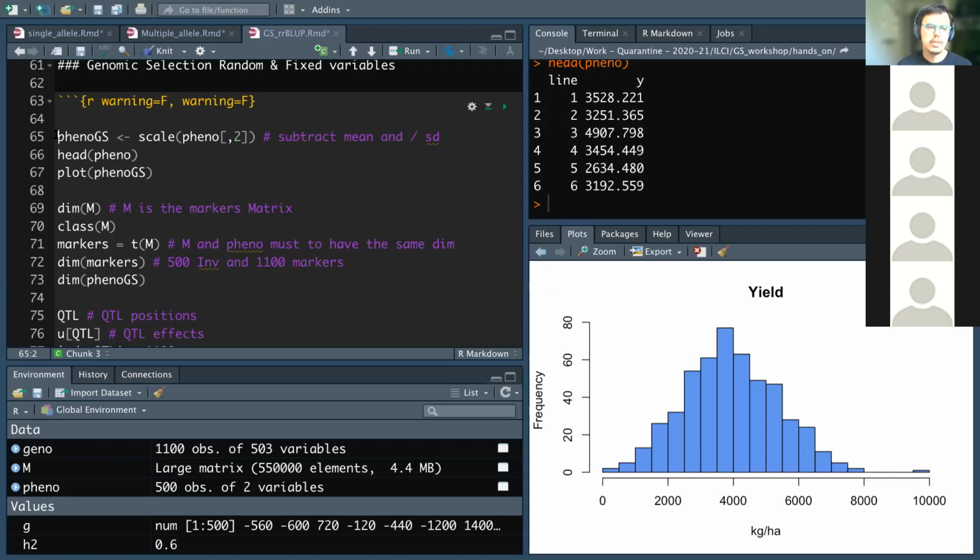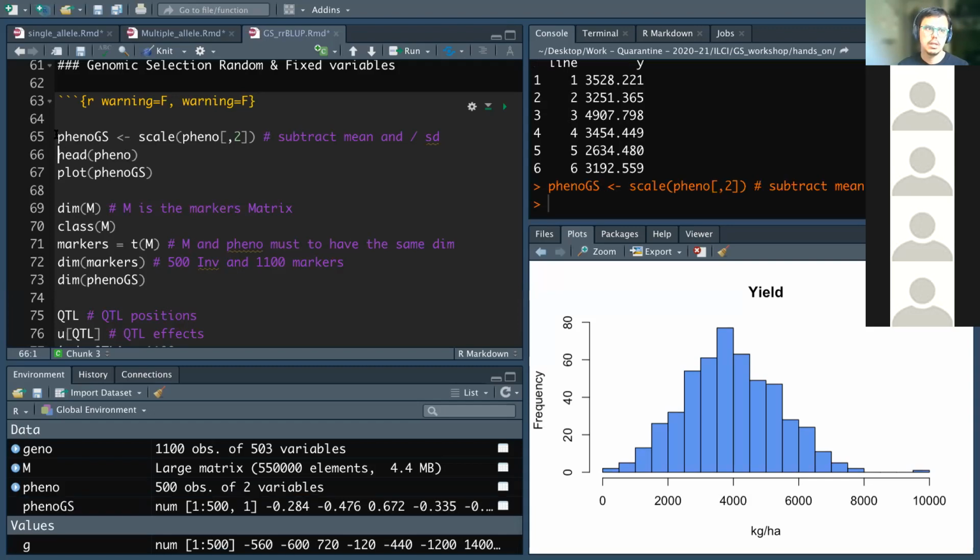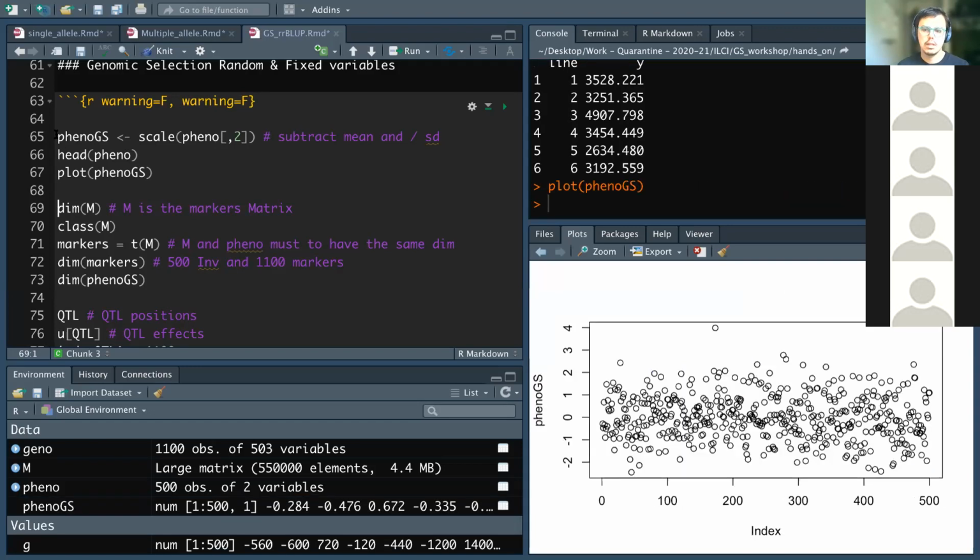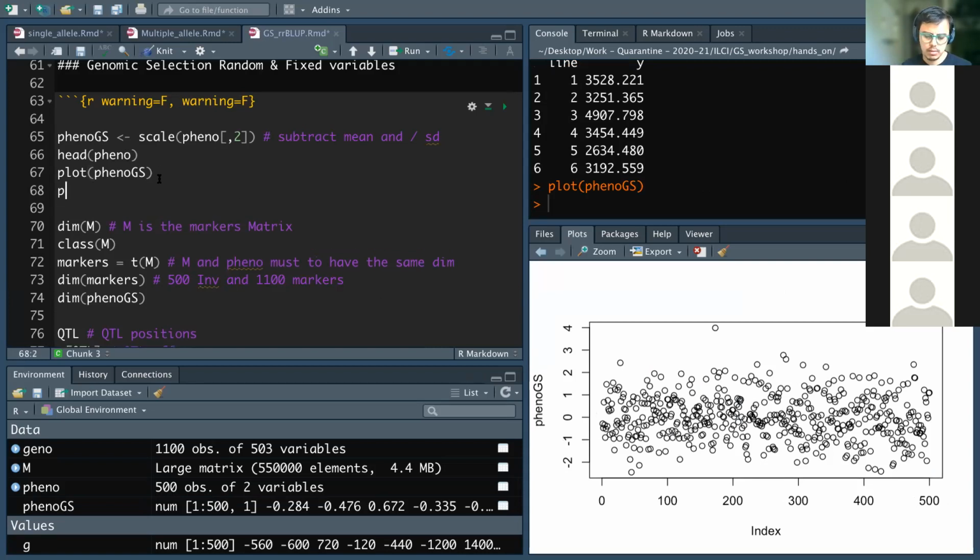So here we just extract the phenotype that we're going to need. Check here that now we scale the data. We don't have the typical data that is between 1,000 and 6,000.